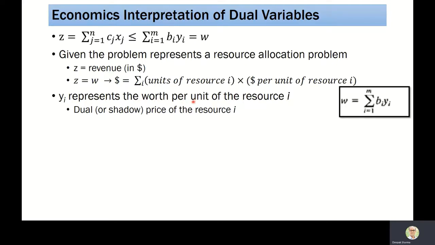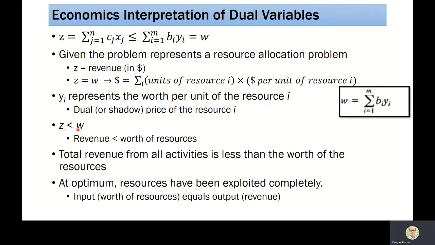This worth per unit of the resource, this definition we have learned earlier when we talked about sensitivity analysis. There, we also remember this was written as a dual price and a shadow price. So directly we can say that yi, which is a dual variable, is nothing but a dual price or a shadow price or a worth per unit of resources.